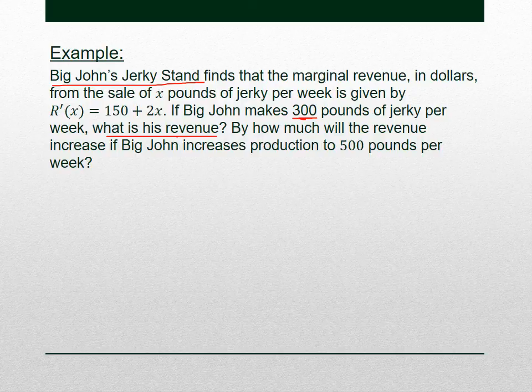So if we're given R prime, we know that the indefinite integral of R prime of X, so we're saying what's the antiderivative of R prime of X? Well, that's going to be the revenue. And in this case, we have to do a plus C because it is an indefinite integral.